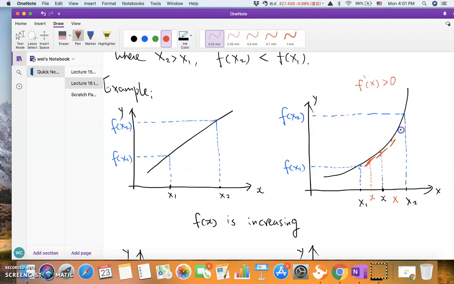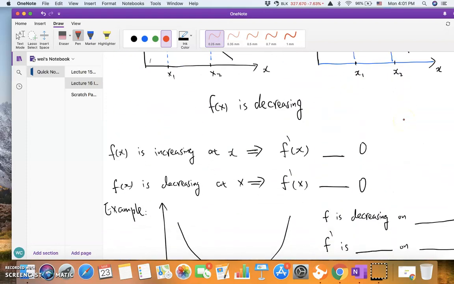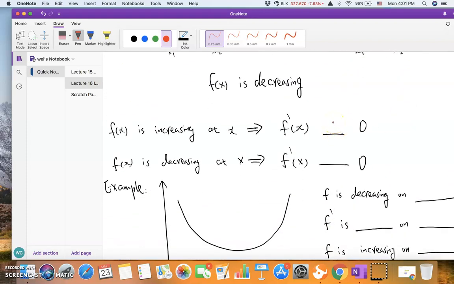The slopes of their tangent lines are all positive. So here we can say when the function is increasing at x, that means if we compare the derivative with 0, the derivative is going to be positive, greater than 0.